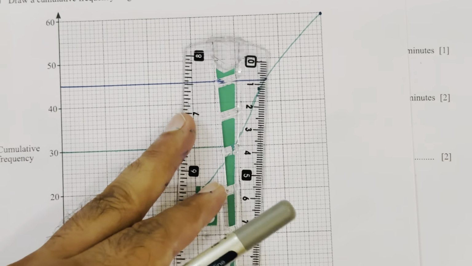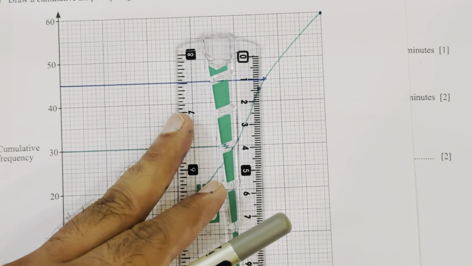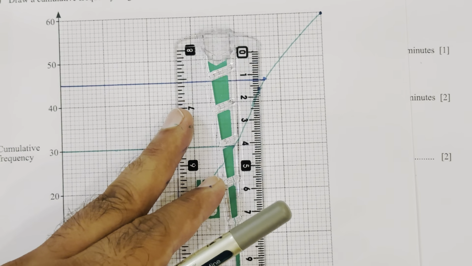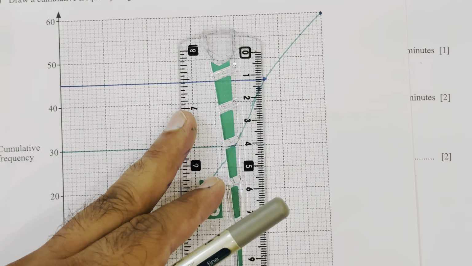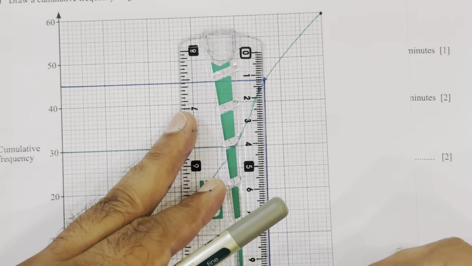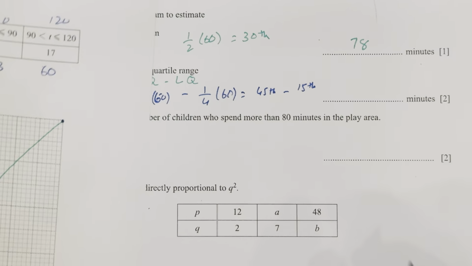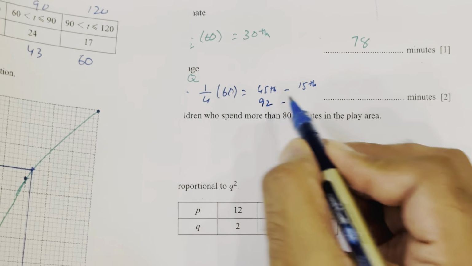We can see where the 45th value is. It is almost 92, or 91 you can write. So I'm writing 92.